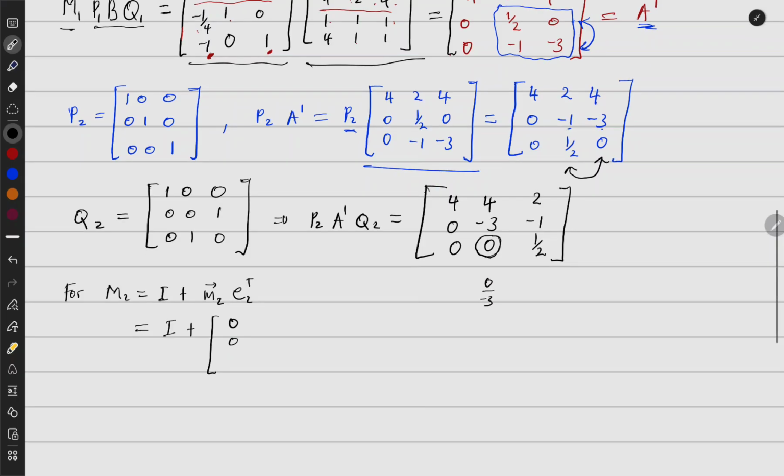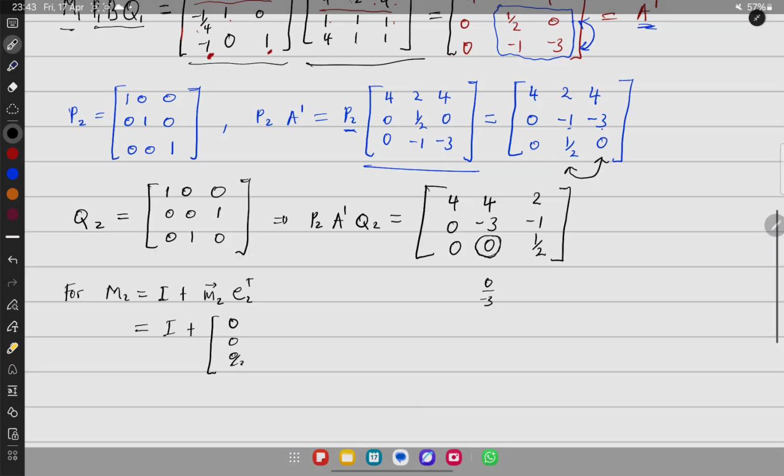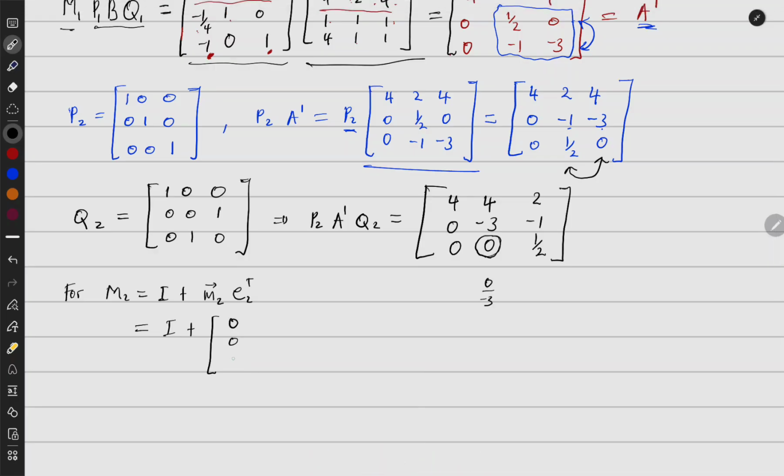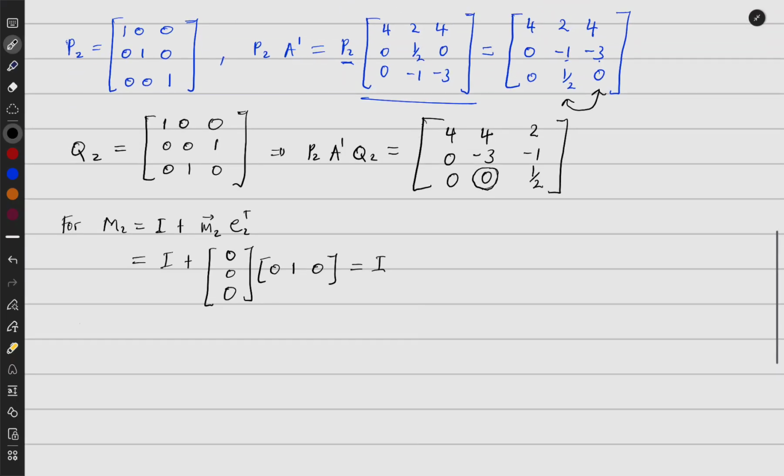I'll have 0, 0, then 0 divided by negative 3 here. Actually, negative of 0 divided by negative 3, so I just have a 0 still. Multiplying by this is 0, 1, 0. But this will just give me the identity.